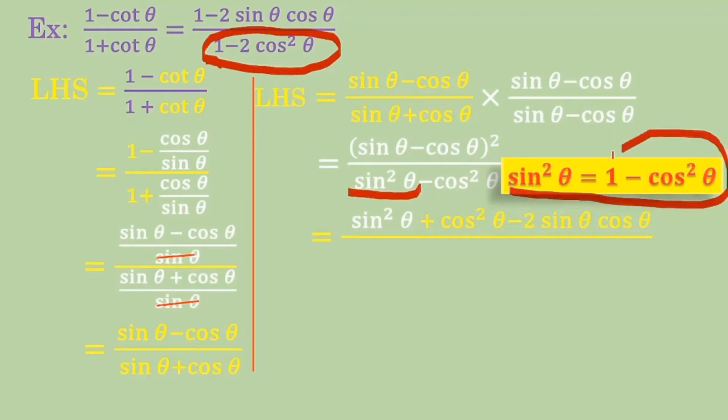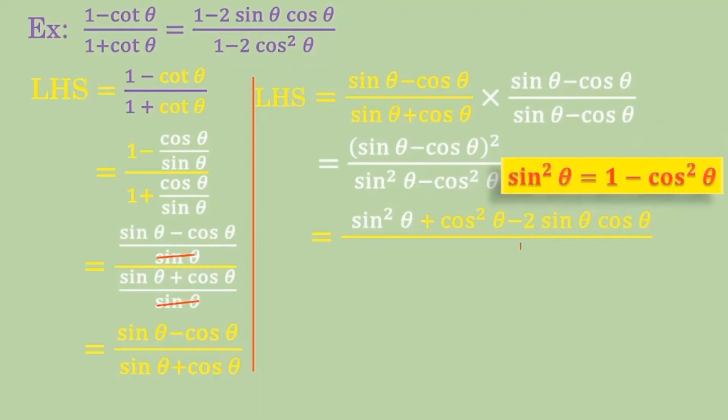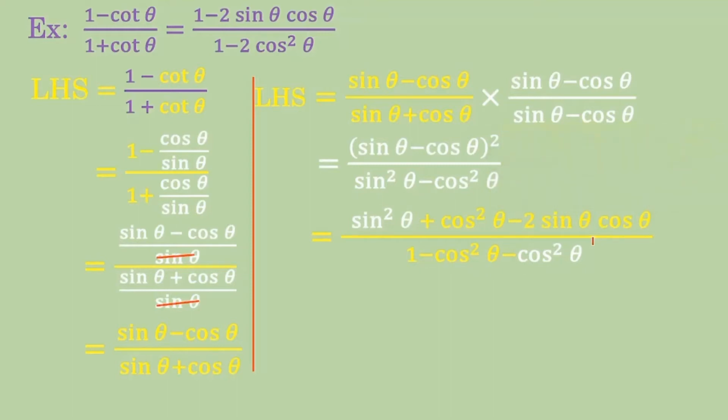We may replace sin square theta with 1 minus cos square theta, and minus cos square theta remains as it is. In the numerator, again apply the Pythagorean identity.